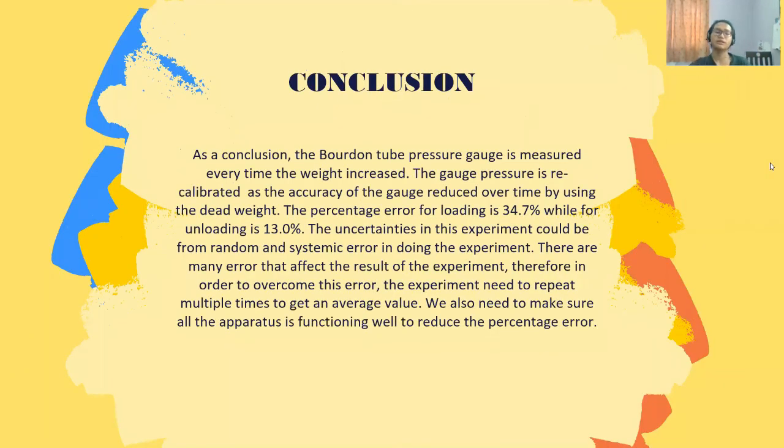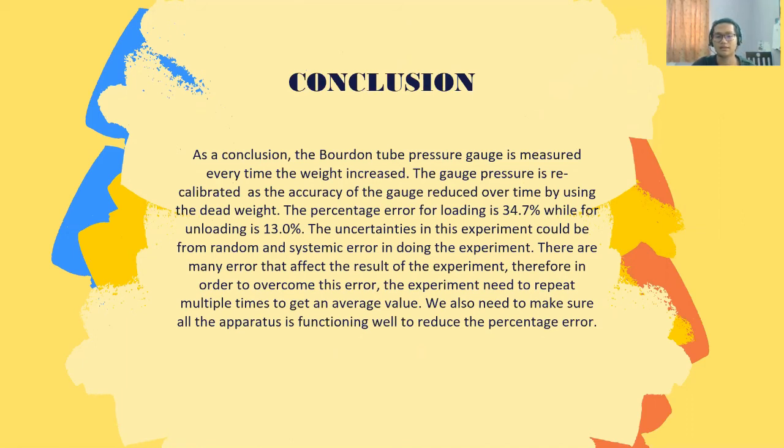As a conclusion, the Bourdon tube pressure gauge is measured every time the weight increases. The gauge pressure is recalibrated as the accuracy of the gauge reduces over time, by using the dead weight. The percentage of error for loading is 34.7%, while for the unloading is 13.0%.